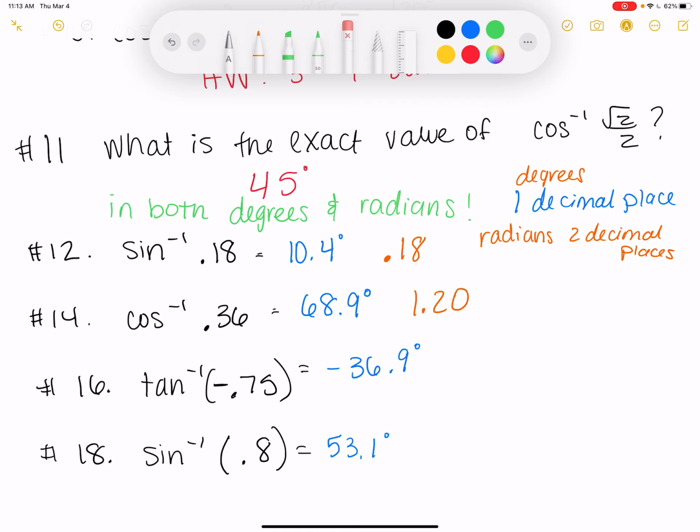Negative 0.64. Whoa. What just happened? It's literally 0.64. How'd you get that? No. 0.93. Oh my word, I got them all right.